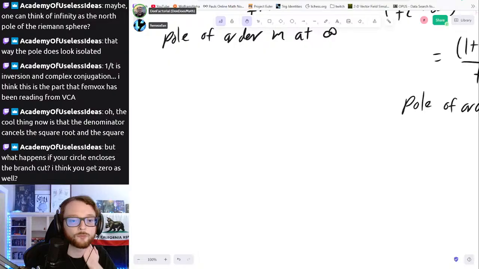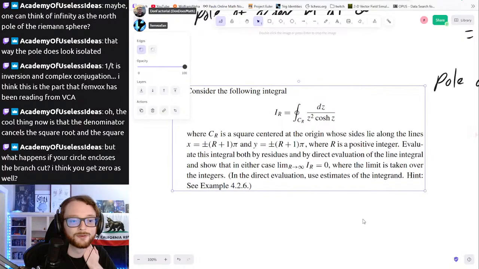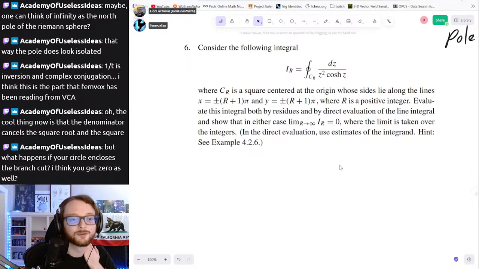Number 6 is the last one I had from this section. This one I think was more of a challenge, or it looked a little bit more challenging. We're integrating over a square again.